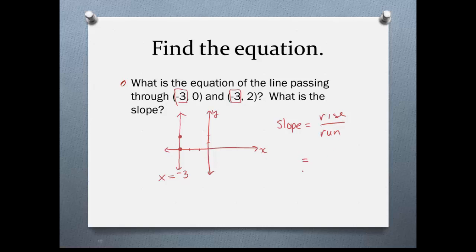And if I look at this point here as my starting point, and I'm going to walk up to this point here, to get from the first point to the second point, my rise is 2 units. That's how far up and down I go. The run is how far I have to go left, right. And in this case, I don't go anything to the left or right. So when you have a 0 in the denominator, the slope is undefined.